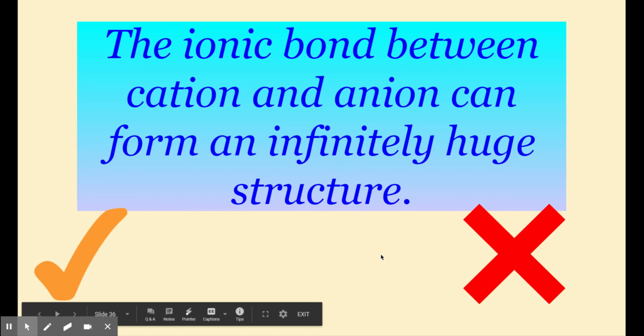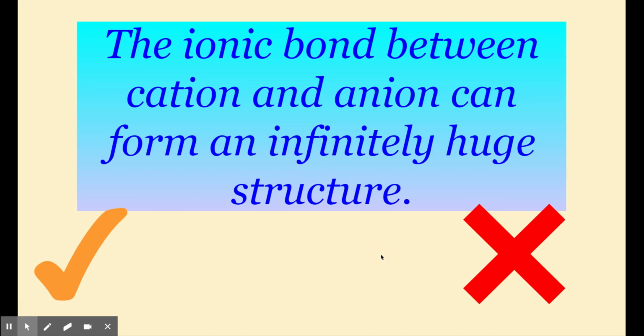The ionic bond between cations and anions can form an infinite structure. Is this statement correct? The answer is yes, because as we've mentioned, the attraction force between cations and anions is multi-directional or non-directional.